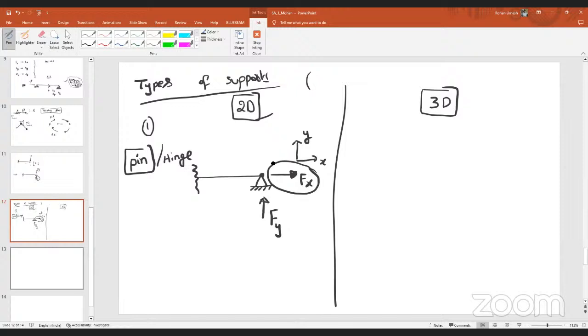Suppose, let us say, this is your beam. Let us say this is your x-axis and this is your y-axis. If the deflections are trying to happen along the positive x direction, what will be the reaction force direction?